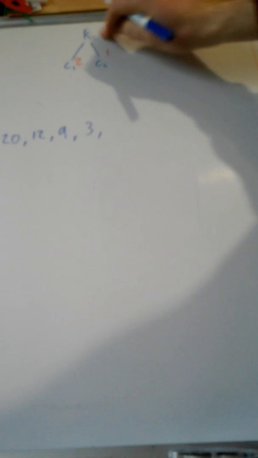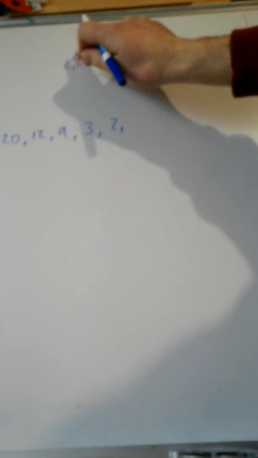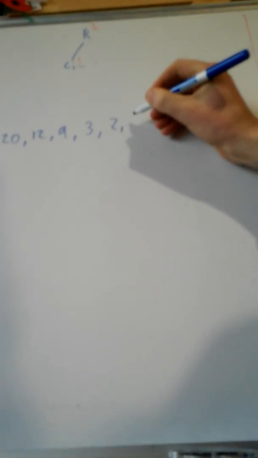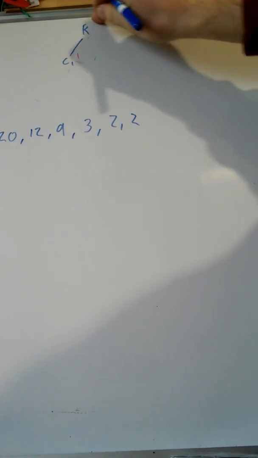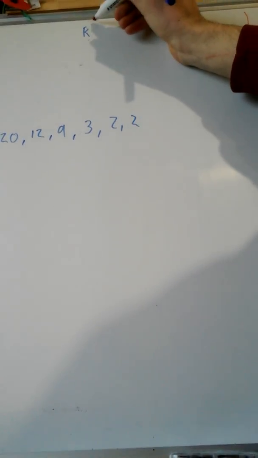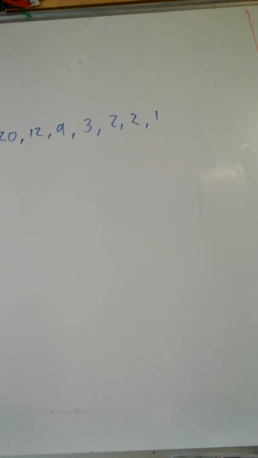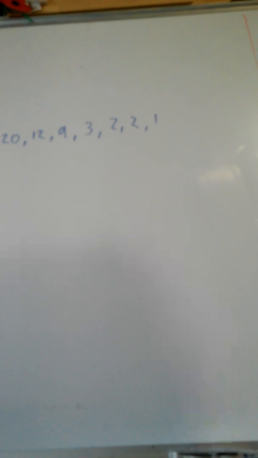Essentially we diminish the heap until there's nothing left, and that's how we know we're done. And we have our correctly ordered list.